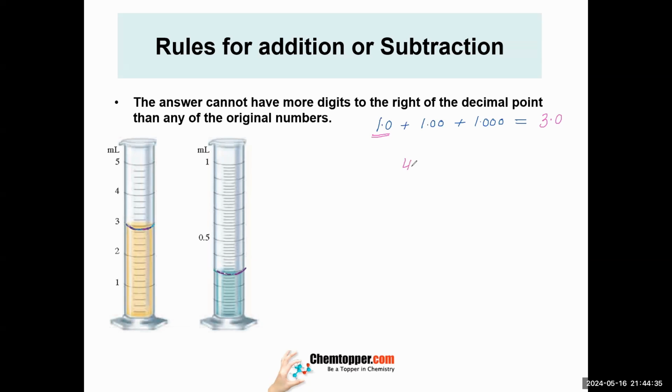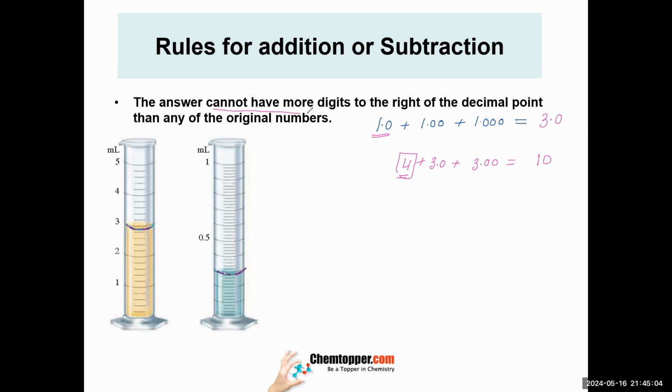For example, if I give you 4 plus 3.0 plus 3.00, what's the answer? This 4 has no decimal place, so my final answer should not have any decimal place. So the answer is 10, with no decimal, because this number has no decimal.